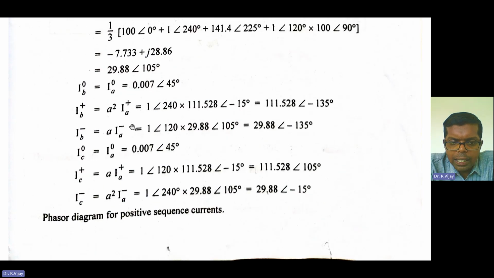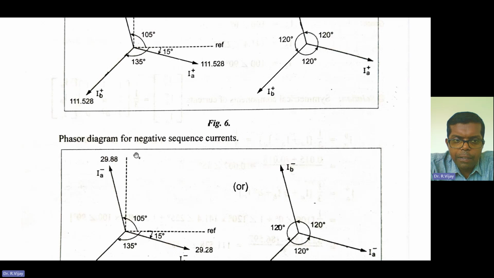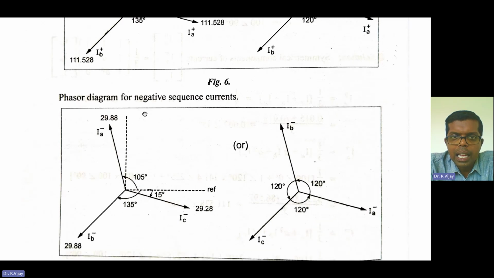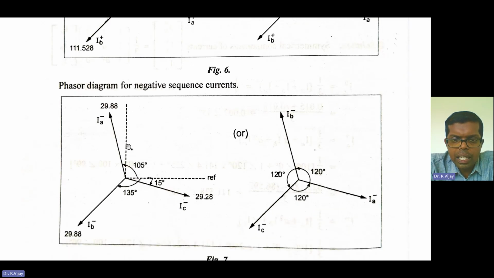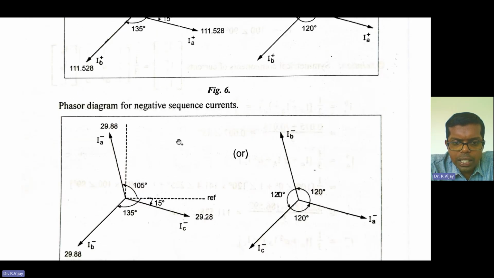So similarly, we need to draw the phasor diagram for the negative sequence current also. How to draw? This we have taken as reference, from this IA. IA negative is 29.88 at the angle of plus 105 degrees.